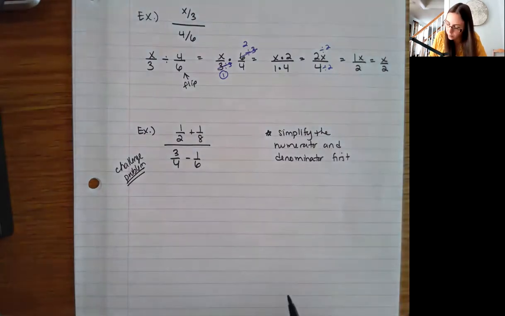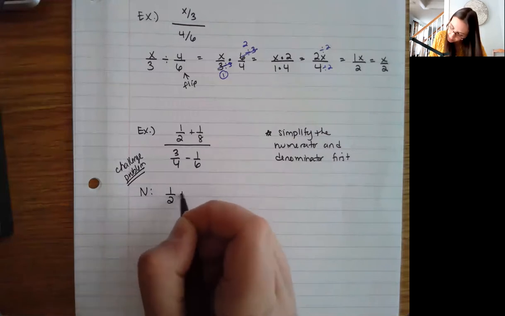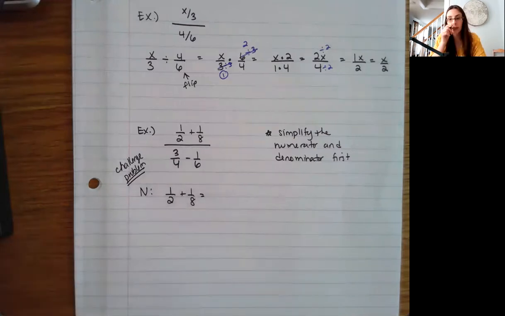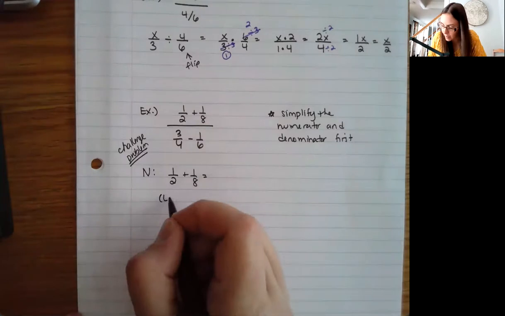Okay, so I'm going to take that numerator. So here's n for numerator. 1/2 plus 1/8. So the first thing I need to do is I need to change these and find my LCD and make them like terms. So I'm going to notice here that my LCD is going to be 8.